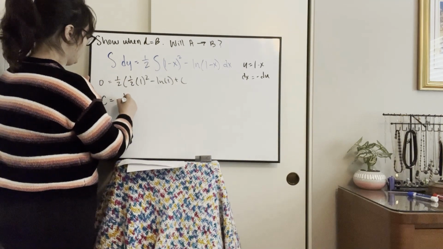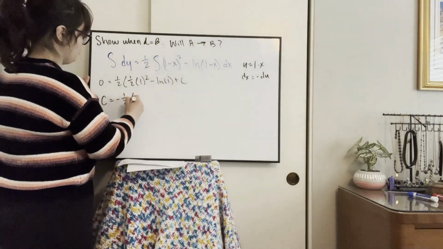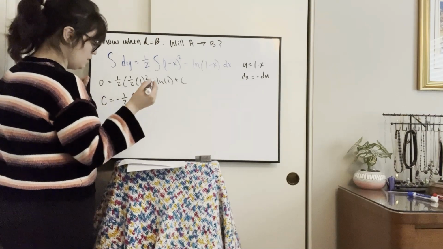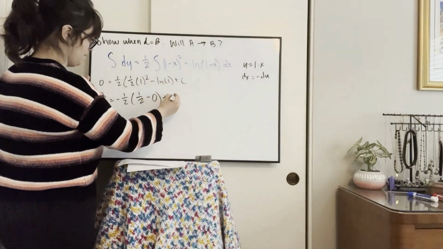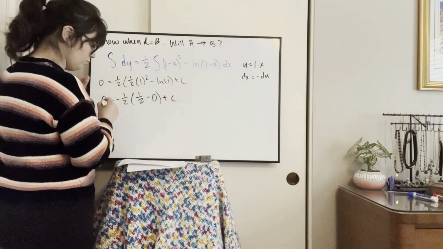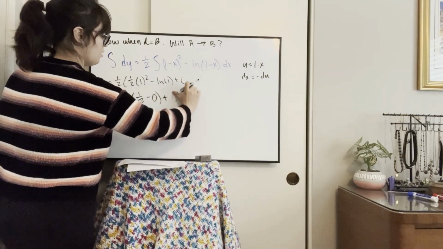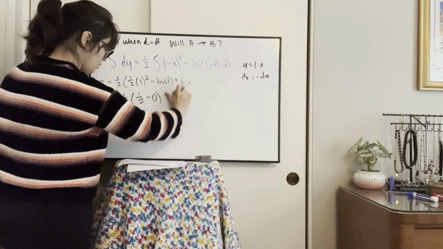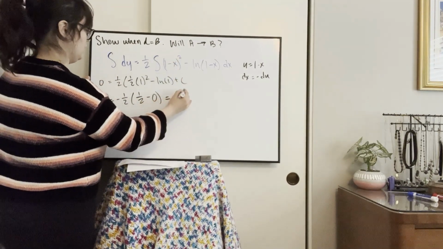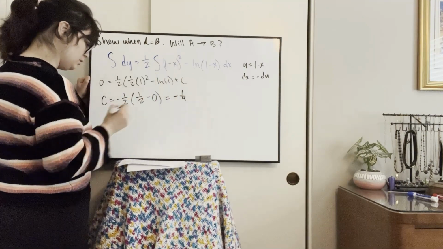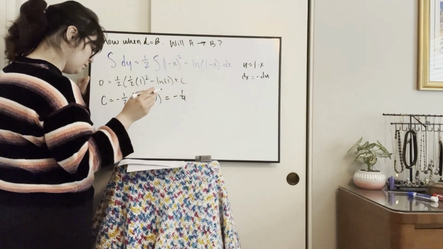So we're going to have negative 1/2 times 1/2 minus 0 is plus c. And then that's going to be equal to negative 1/4. Perfect. So plug c into the equation.